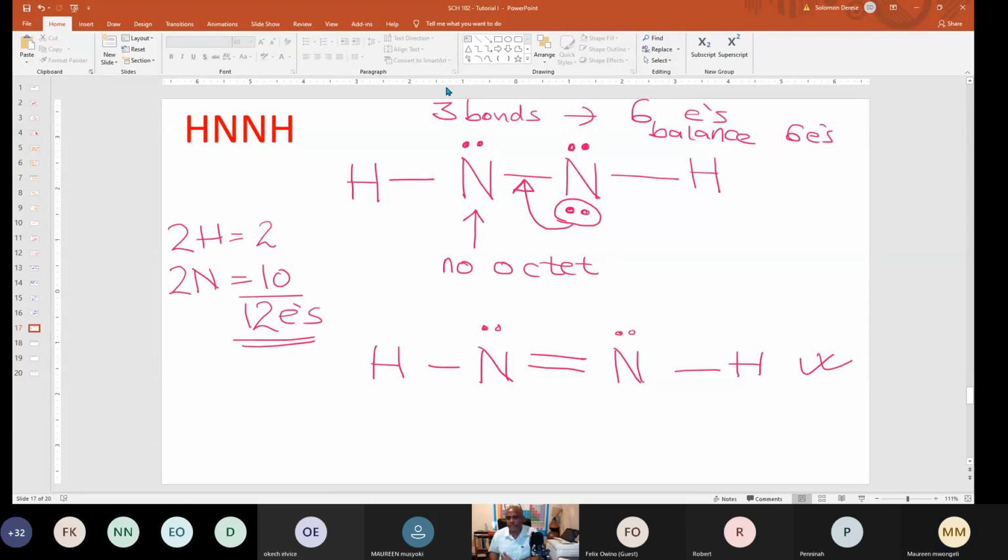This is a valid Lewis structure for HN2H or H2N2. Is it okay? Yes.